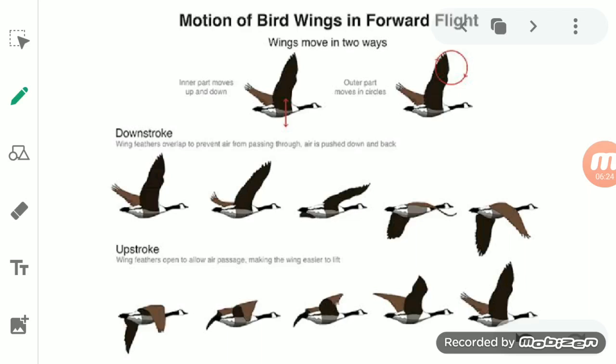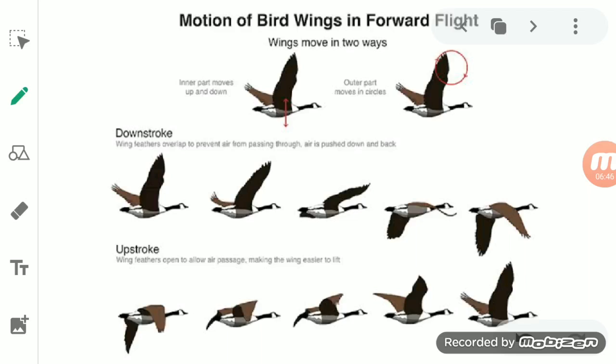Now see student, after making the downstroke, the wings must go back to their starting position, and during the upstroke the bird brings its wings from the lowermost position to the uppermost position, so that they may repeat the downstroke to keep flying.